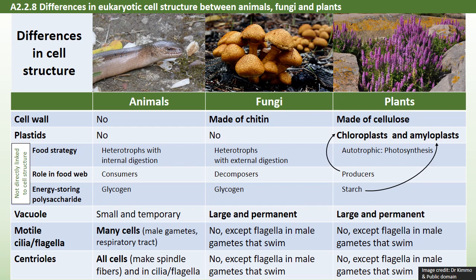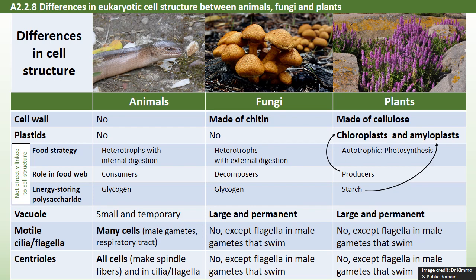Instead, they release enzymes and break down their food externally, outside, and then they absorb the nutrients afterwards. Plants are not heterotrophs, they are autotrophs. They produce their own food through photosynthesis. The role in the food web: animals are consumers, fungi are decomposers, and plants are producers.